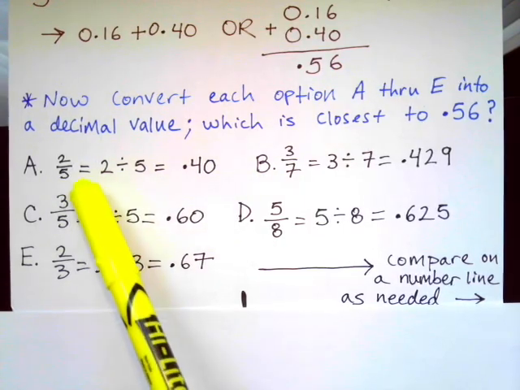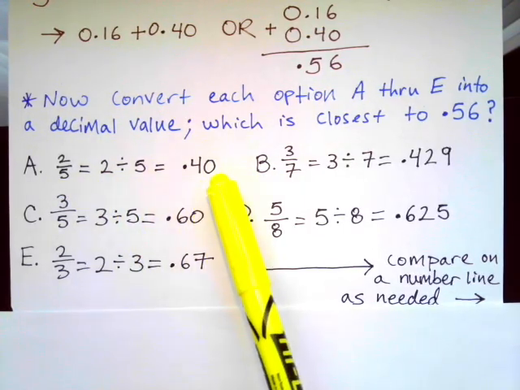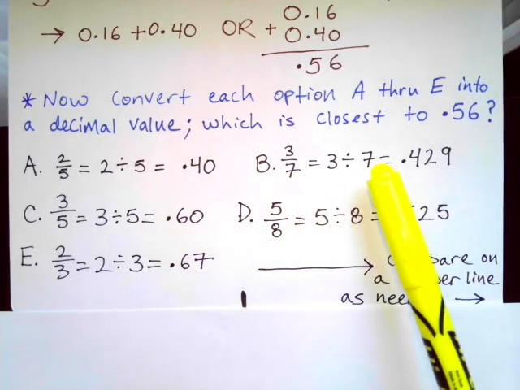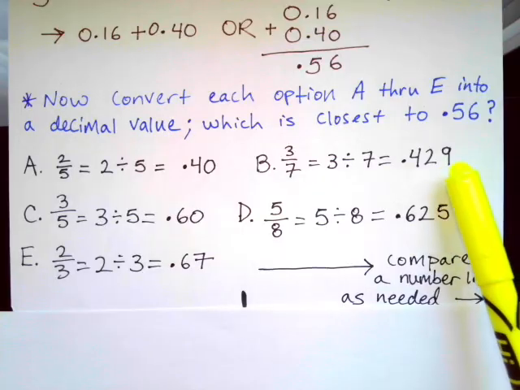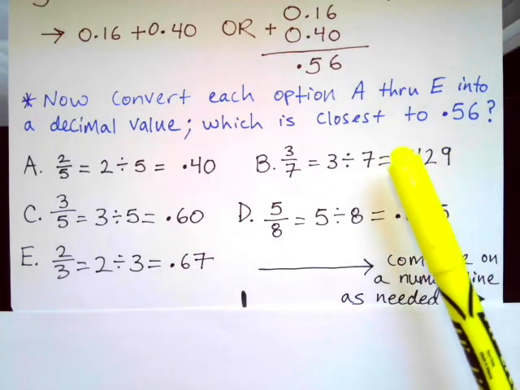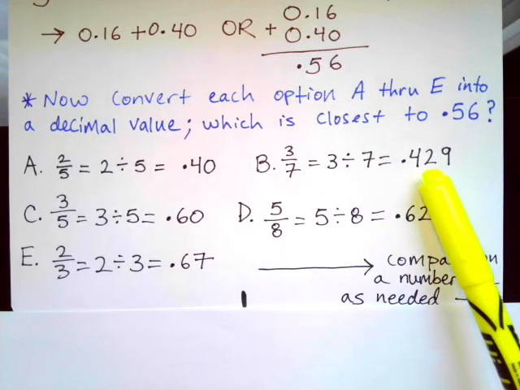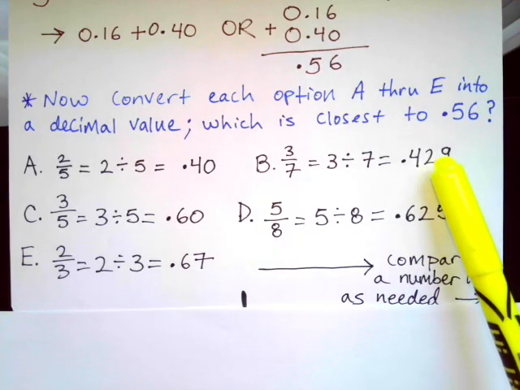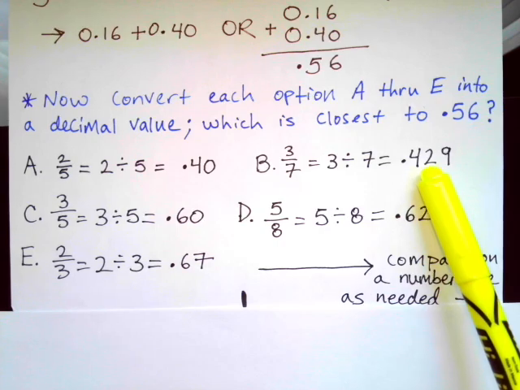So A, 2/5, 2 divided by 5 equals 0.40 or 40 cents. 3/7 or 3 divided by 7 equals 0.429. So I could say this is about 43 cents. The rule is when you round a number up, if the number to the right is 5 or larger, you can round up the number in front.